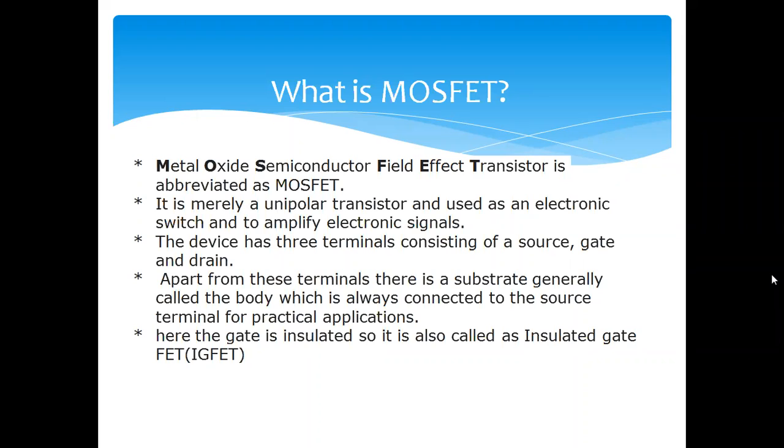In case of MOSFET also, you can have three terminals, but in some cases you can have that extra fourth bulk terminal also. So these are the major differences that you can remember. What are the three terminals of MOSFET? Basically it's source, gate and drain.